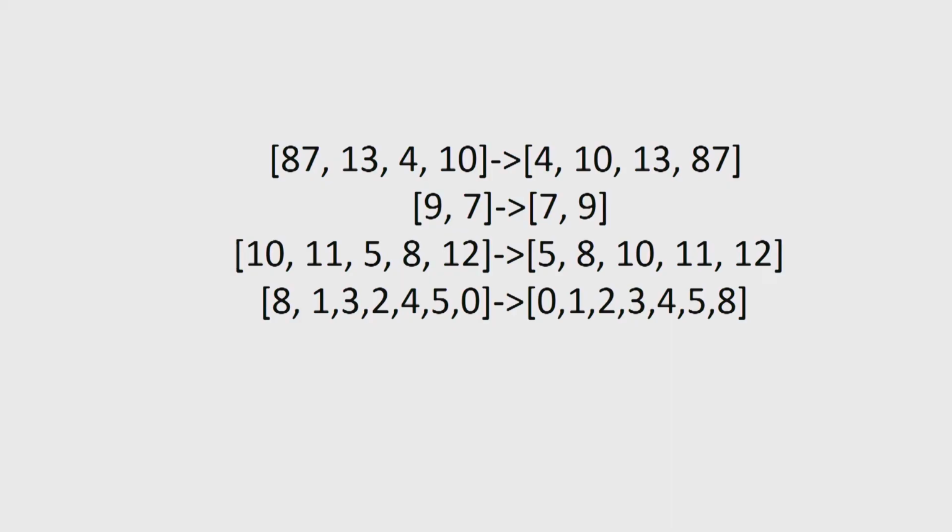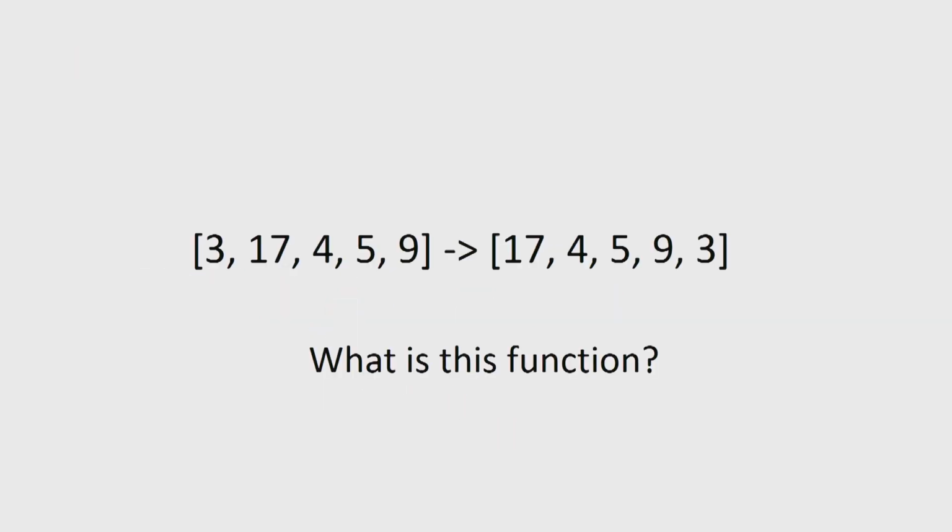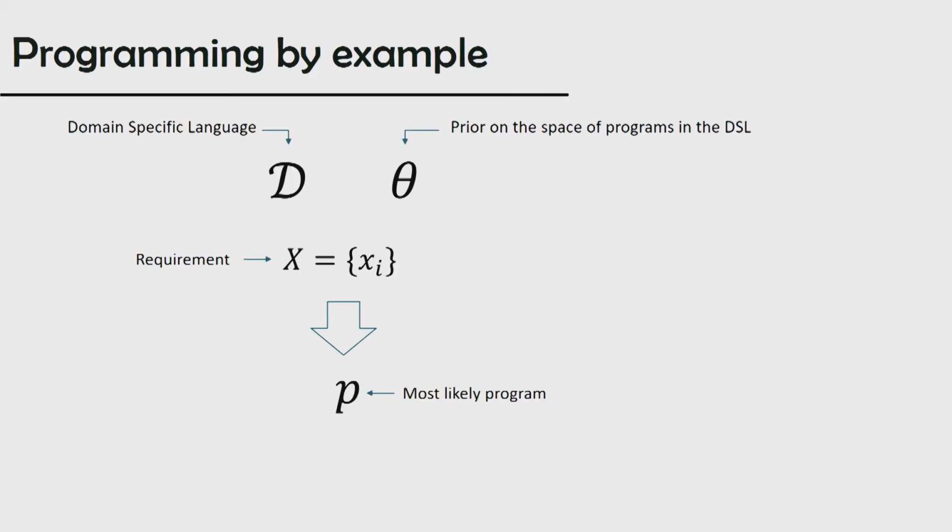But if you're viewing this from the perspective of just these two functions that I showed you just before, then all of a sudden that limits the things that you might actually consider for this, right? And so when we look at a lot of these problems, the way we solve them is you have some requirement: I want a function that maps the input to the output. And just by looking at that requirement, the problem is extremely ambiguous. There's an infinite set of functions that could give you that mapping.